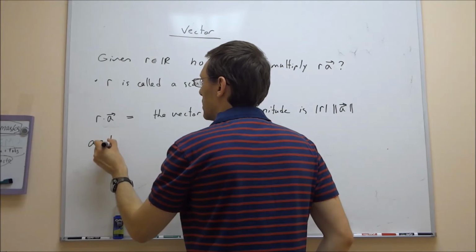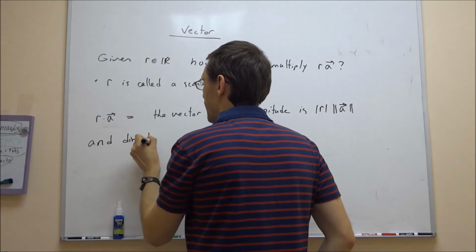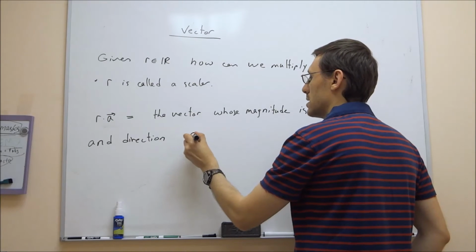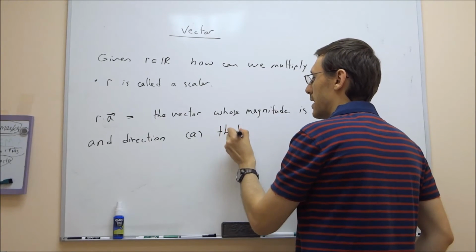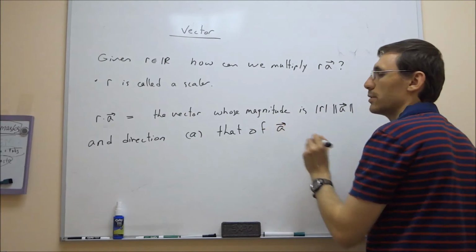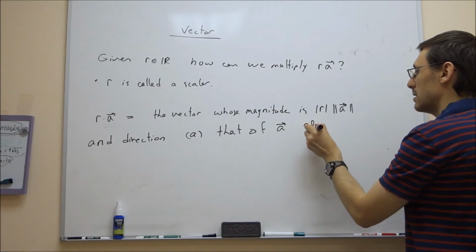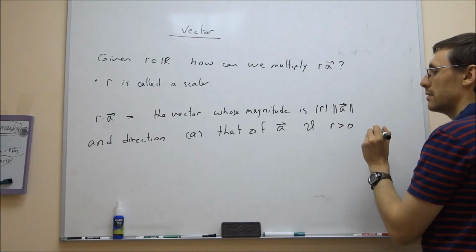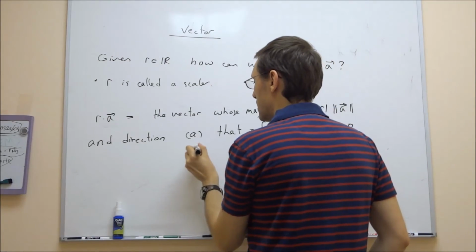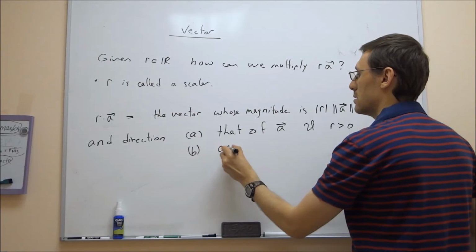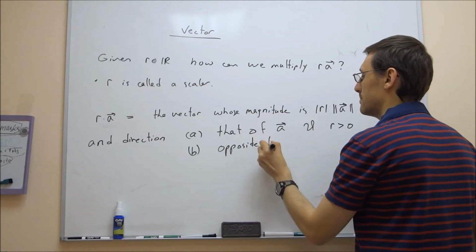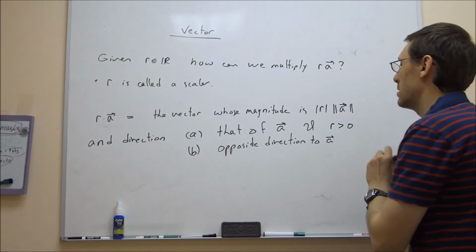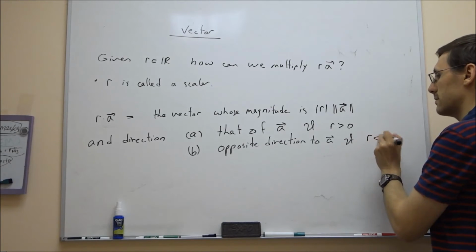and direction. So direction, you have two possibilities: a, that of a, so they go in the same direction if r is positive, b, opposite, if r is negative.